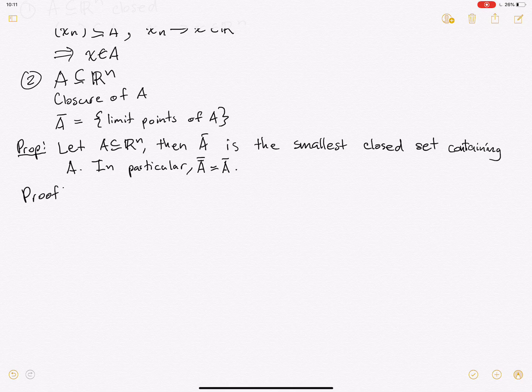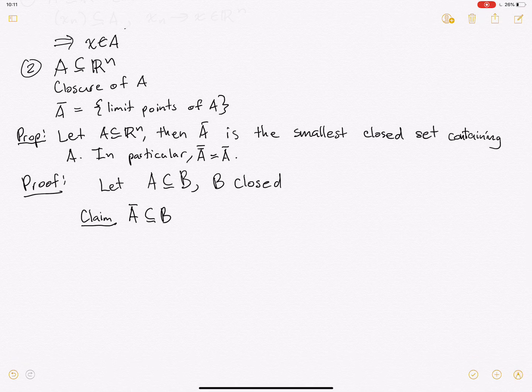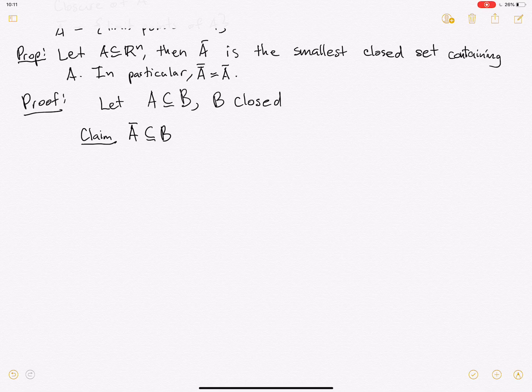So, proof. Let A be a subset of B such that B is closed. Then the closure of A is itself a subset of B. So let x in A bar, so there exists some sequence in A such that xn goes to x.